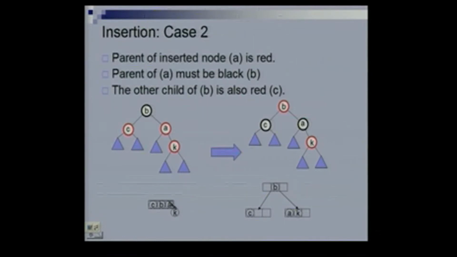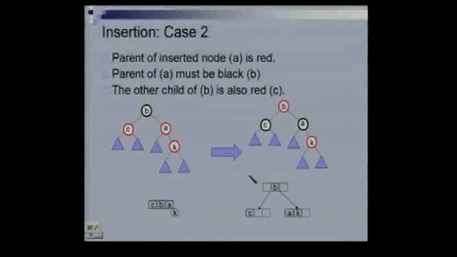So, the picture was C, B, A sitting in one node and K trying to come in, and how do we split? We split with C, B on one side, A, K on the other side, and then B goes up. So, B goes up, C on one side, A, K on the other side. Since C is on one side, that corresponds to a single black node. A, K on the other side corresponds to A and K, and this goes up. So, this is now trying to go up to the parent.